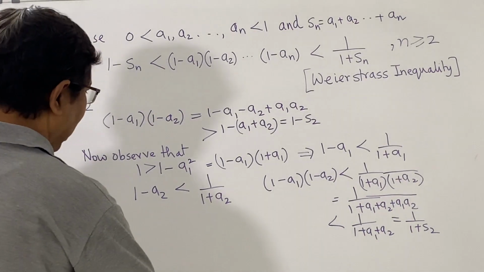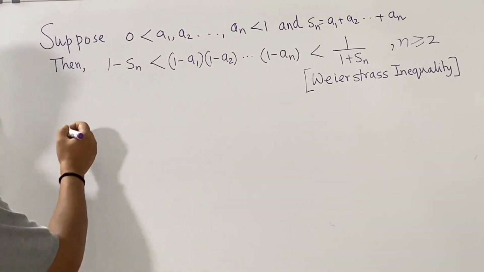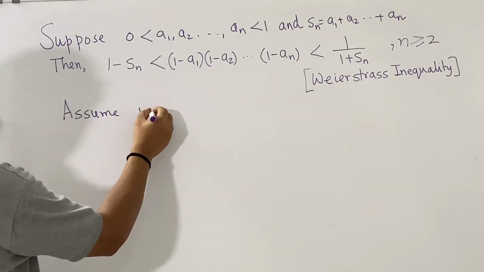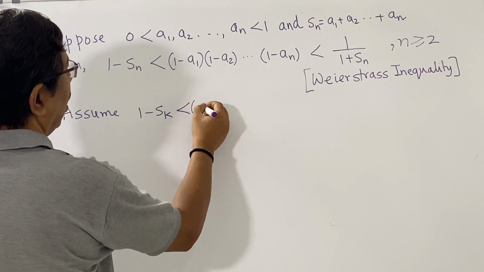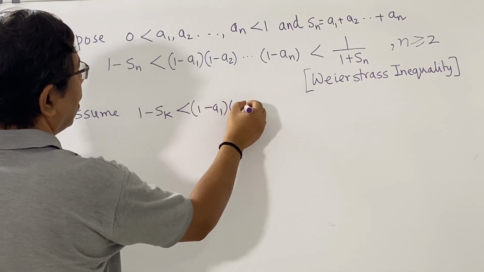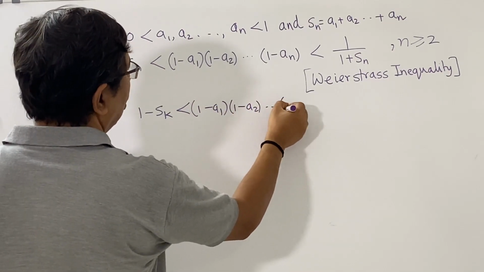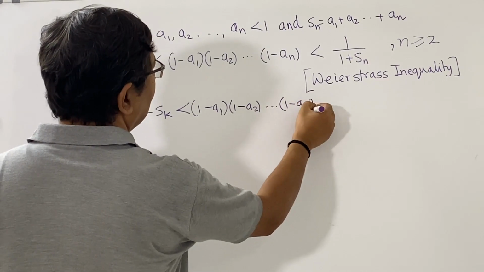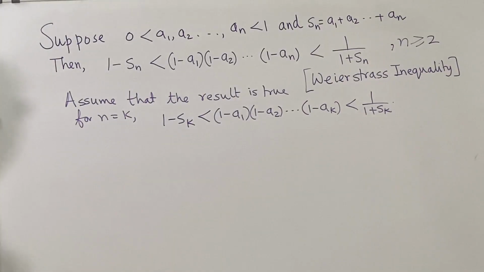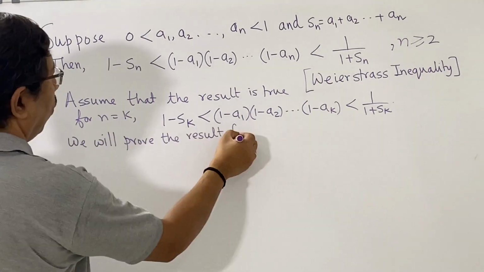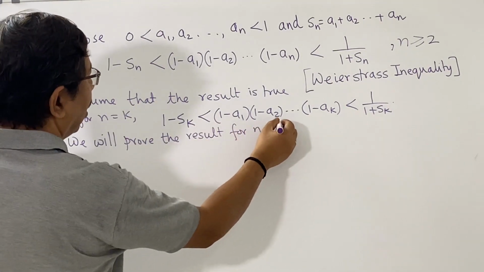Let's go to the case n is equal to k. So assume 1 minus sk is less than (1 minus a1)(1 minus a2)...(1 minus ak), which is less than 1 by 1 plus sk. We will prove the result for n is equal to k plus 1.